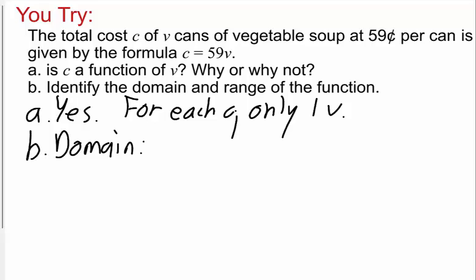We can buy any number that we can buy, a whole number, including 0. We can buy 0 cans. Yes, we can. We can say 59 cents, we don't like it. So we can say the domain is the set of whole numbers.